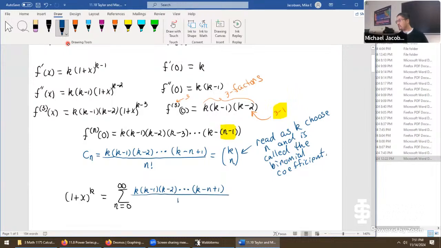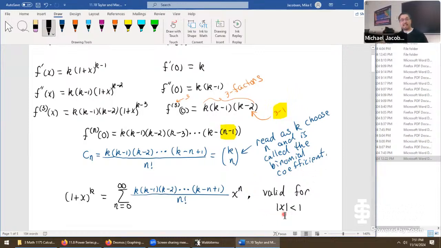So the denominator here is n factorial. It's a Maclaurin series, so we multiply by, really it's x minus 0 to a power of n, but we write it this way rather, x to the power of n. And my claim on this one is, this is valid for absolute value of x less than 1.